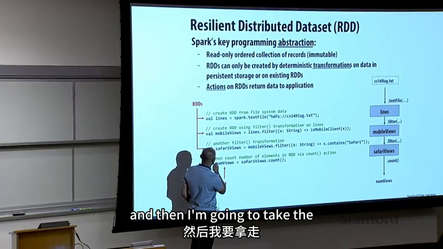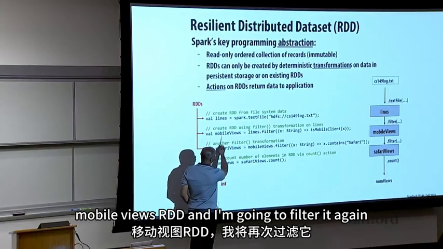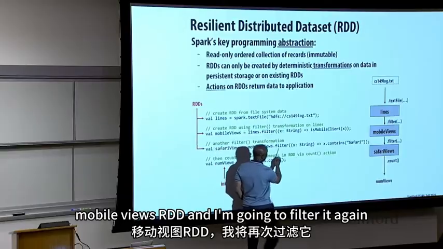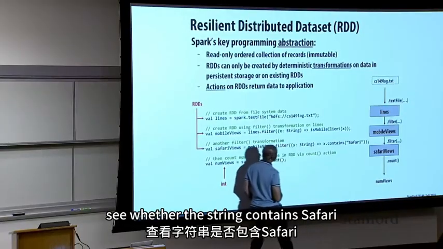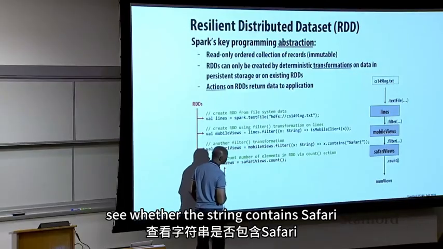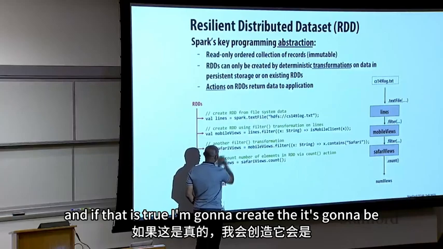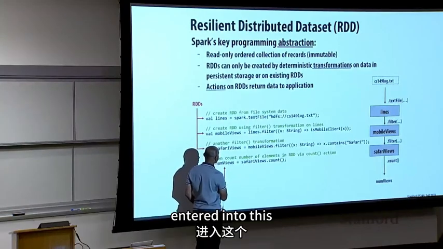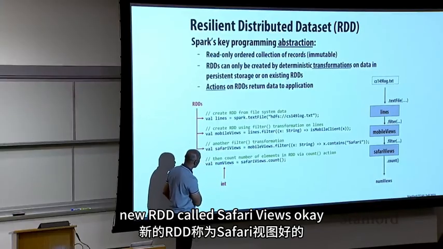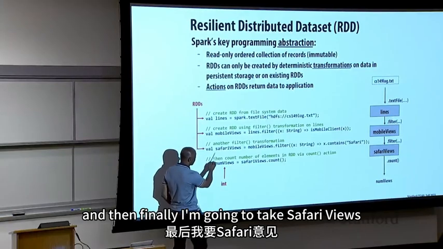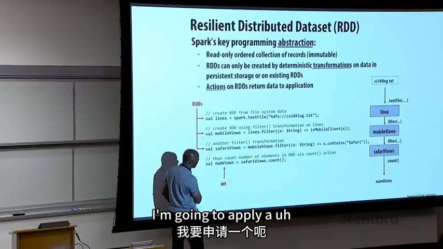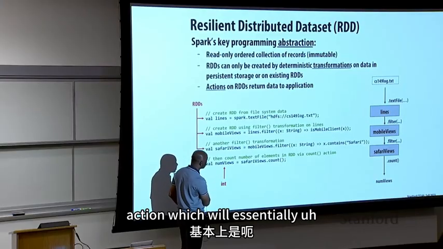And then I'm going to take the mobile views RDD and I'm going to filter it again to see whether the string contains Safari. And if that is true, it's going to be entered into this new RDD called Safari views, okay? And then finally, I'm going to take Safari views and apply an action, which will essentially give us a count.